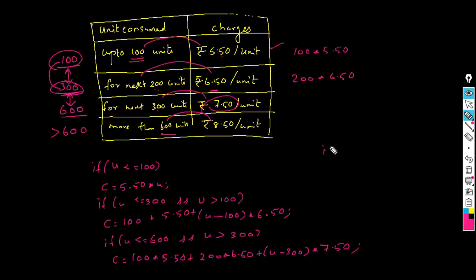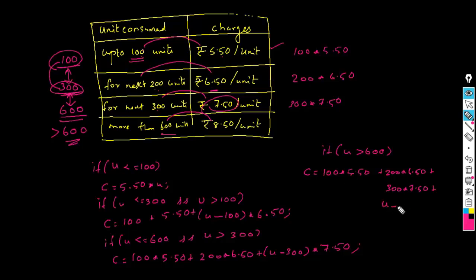And the next one I am writing as if the unit is greater than 600. That's what I've given here. And now how will I calculate the charge? Charge is equal to first value 100 into 5.50 plus 200 into 6.50 plus 300 into 7.50, plus unit minus 600 into, at this particular level, 8.50.